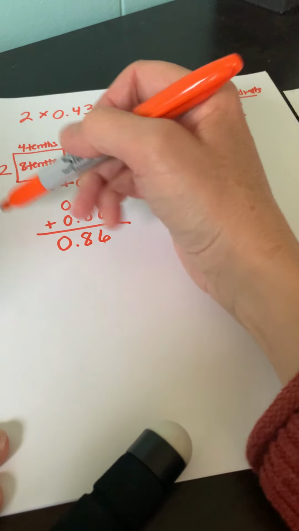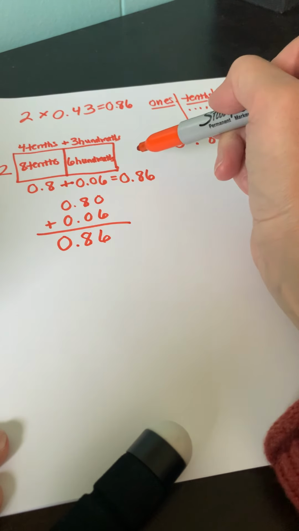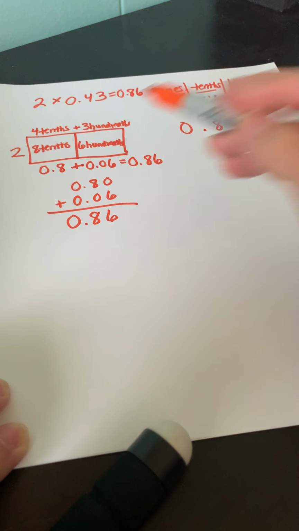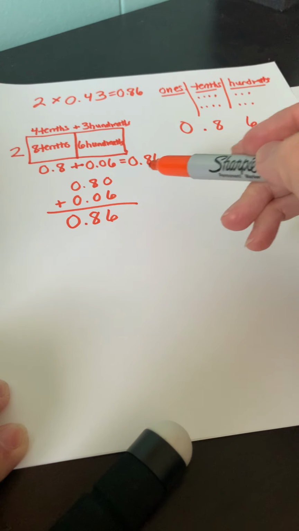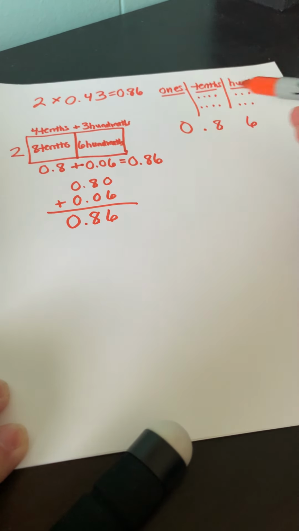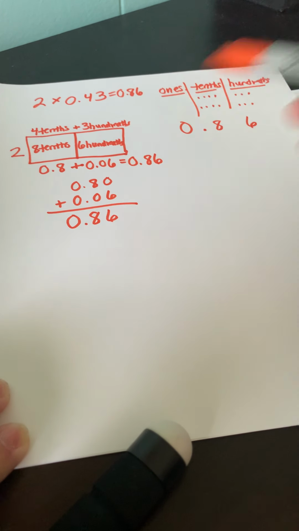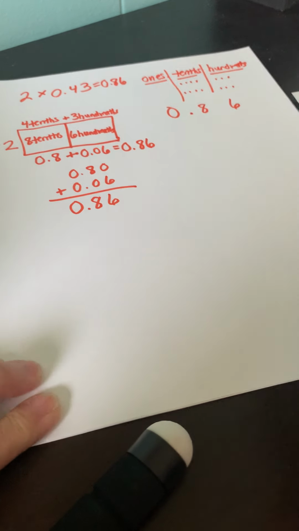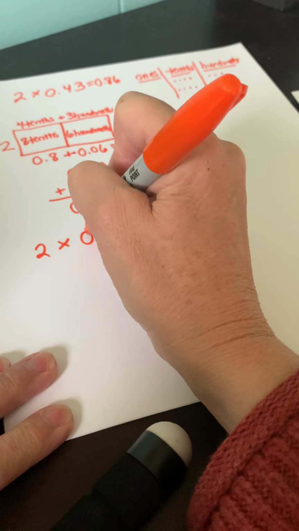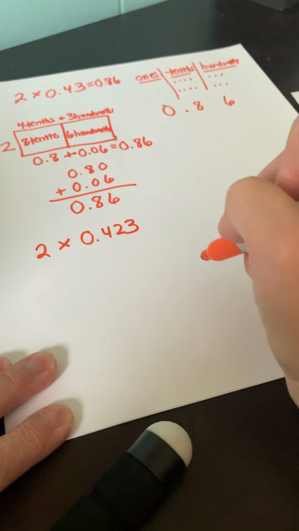The area model, especially if you know your multiplication tables, which we have started practicing again, is a much faster, more efficient way to do this instead of drawing all these dots. They both bring you to the same answer, so you have to figure out which one works for you. Let's try another one. What if I have 2 times 423 thousandths?